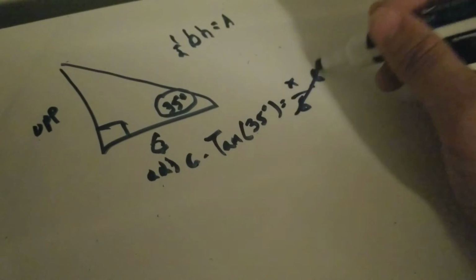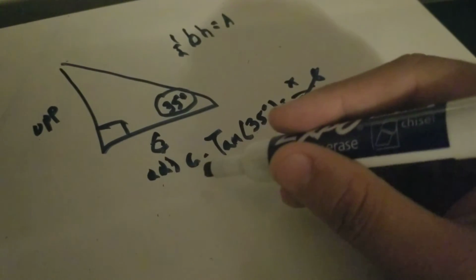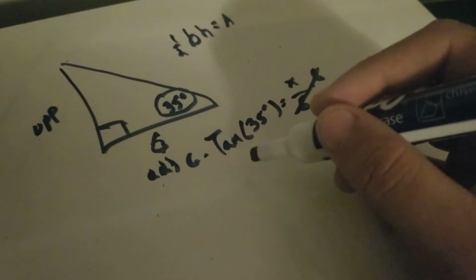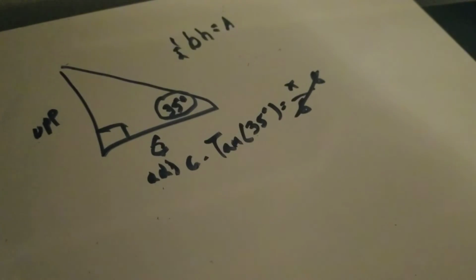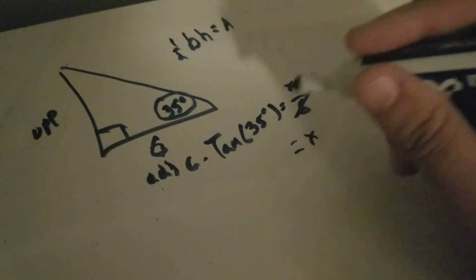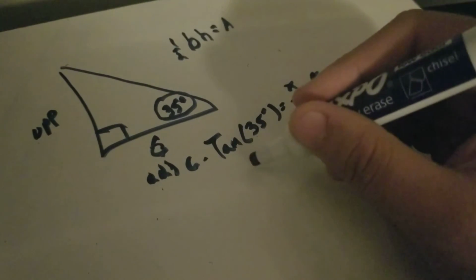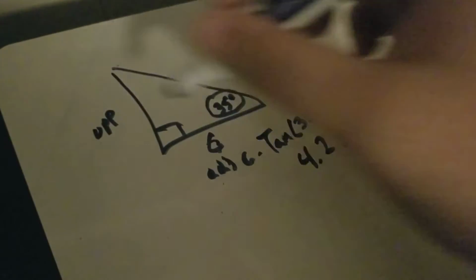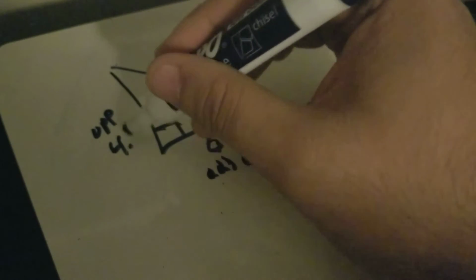I'm going to multiply by 6 on both sides, cross that out, and type into my calculator 6 times tan 35. That answer is x equals 4.201, so I'm just going to put 4.2. So my opposite here is 4.2.